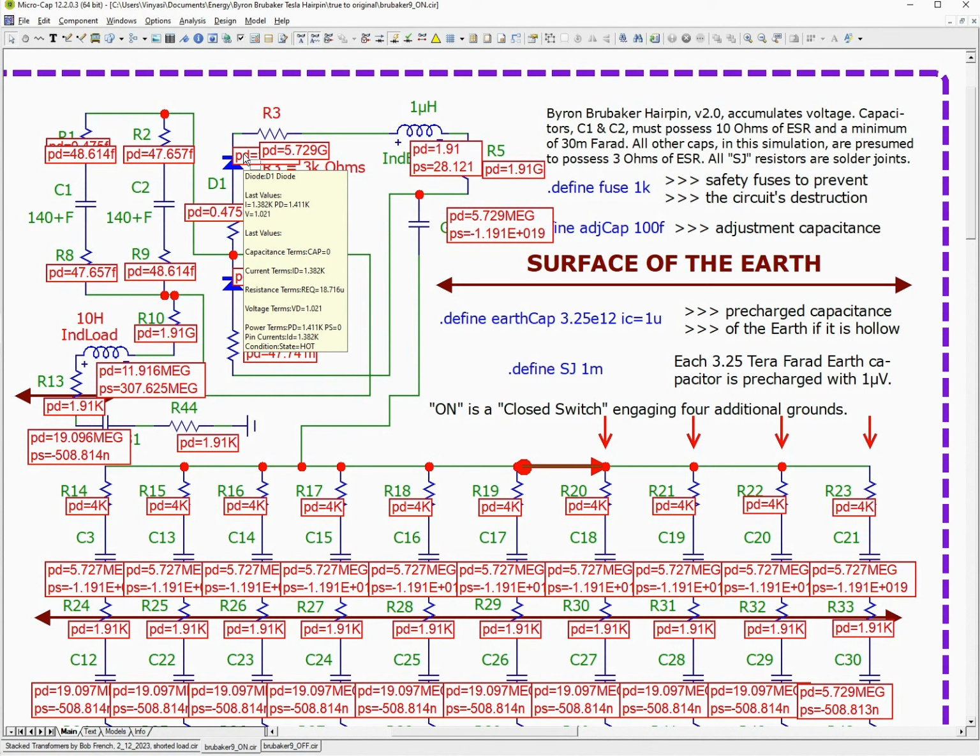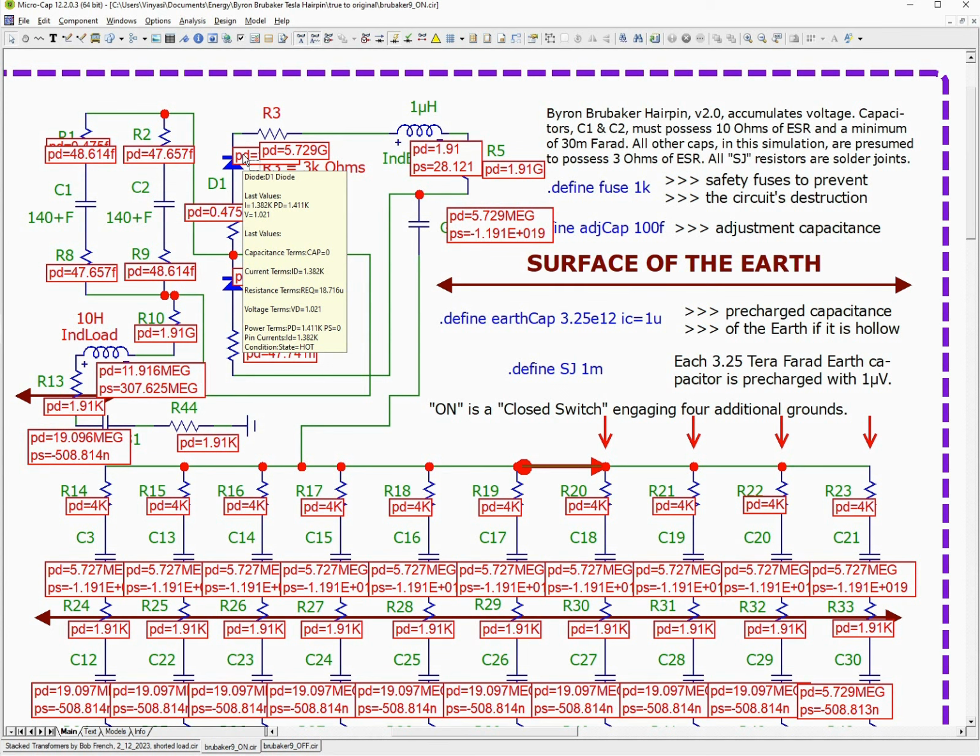No, PD is... no, that was the current. Oh, shoot. It doesn't tell us. Voltage difference. Oh, 1 volt. Oh, is that what that is? 1 volt? Huh.